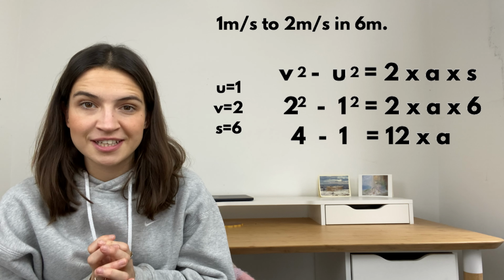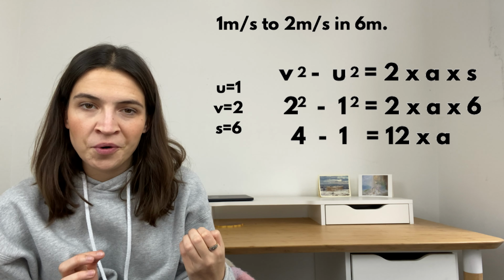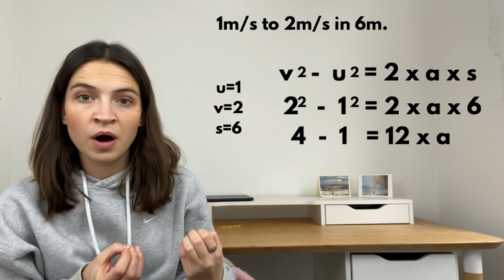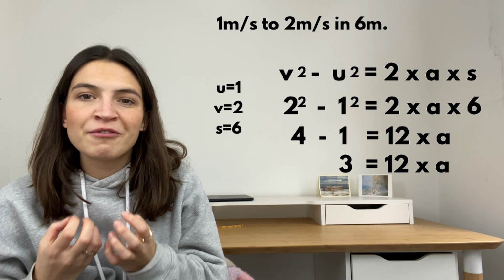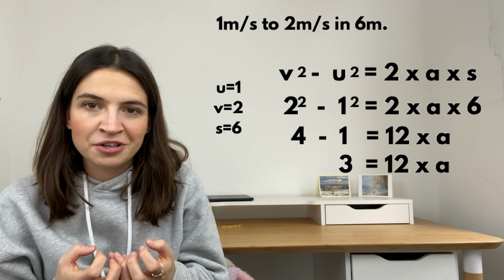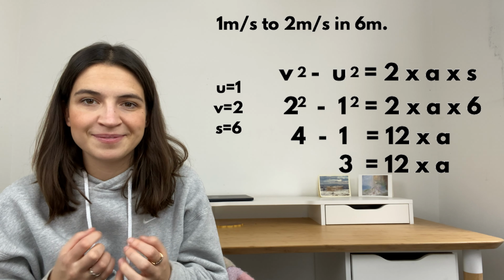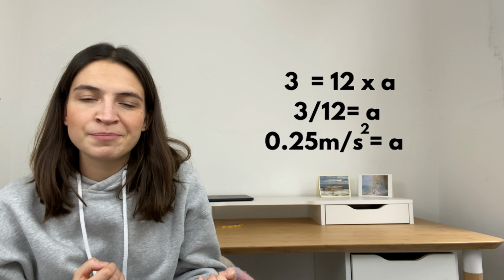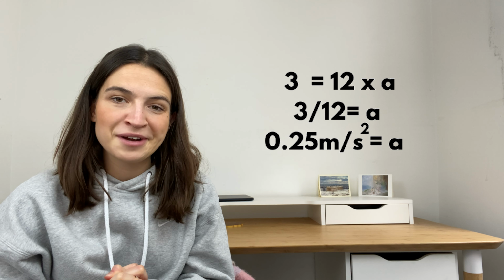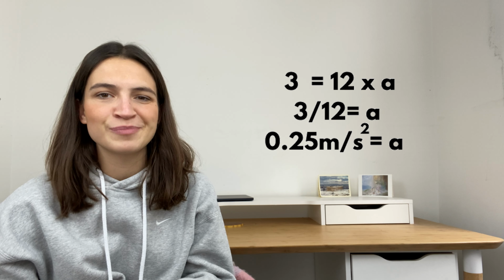On my left hand side, 2 squared is 4, minus 1 squared, which is 1, gives me 3. On my right hand side, 2 times 6 is 12, so I have 12a. 3 divided by 12 is equal to 0.25 meters per second squared.